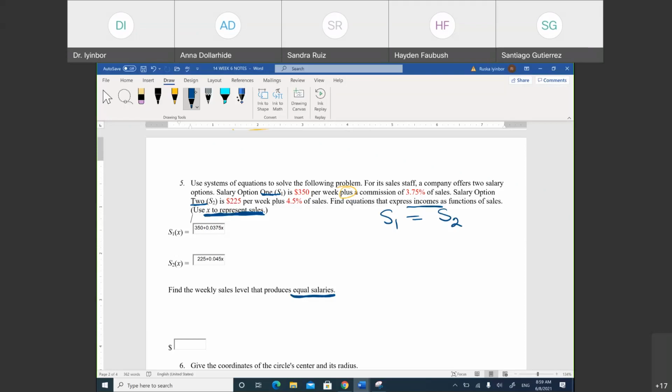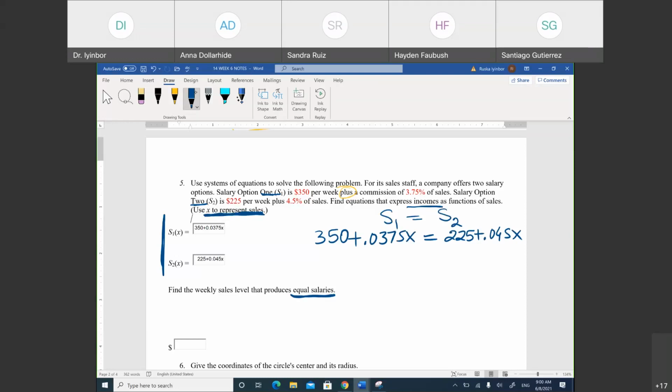So you just solve S1 equals S2, and you have to solve 350 plus 0.0375x equals 225 plus 0.045x. You have to solve this equation.